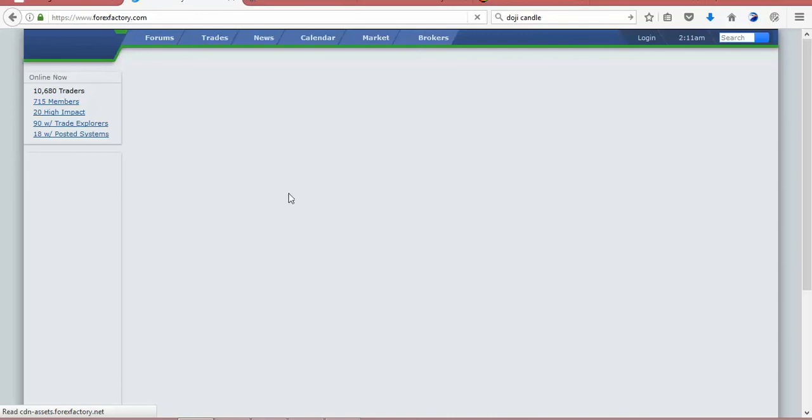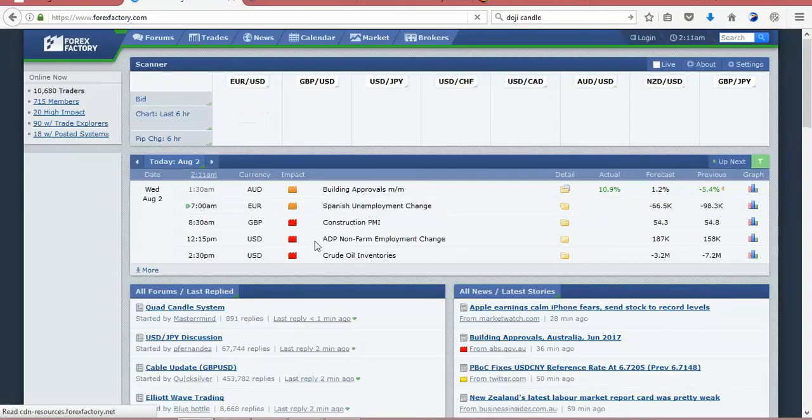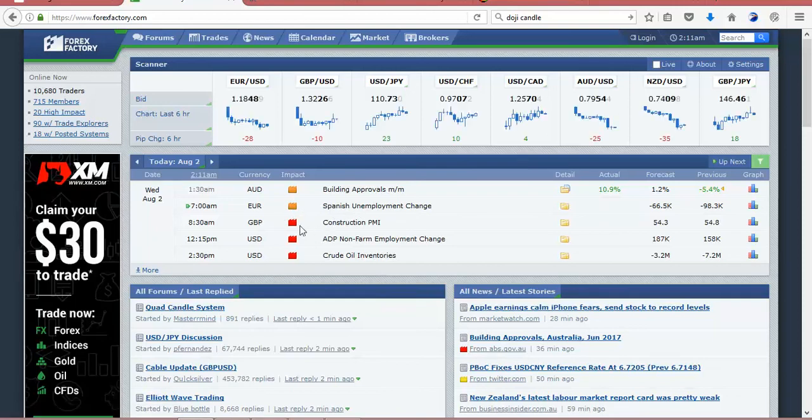Normally every day or every week there are some fundamentals that are released. The fundamentals has to do with economic indicators in economies. So all the major pairs, they have their fundamental news released almost every day of the week. So today is the 2nd of August.